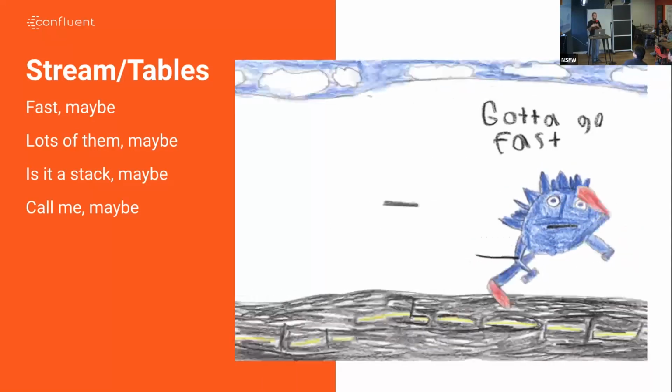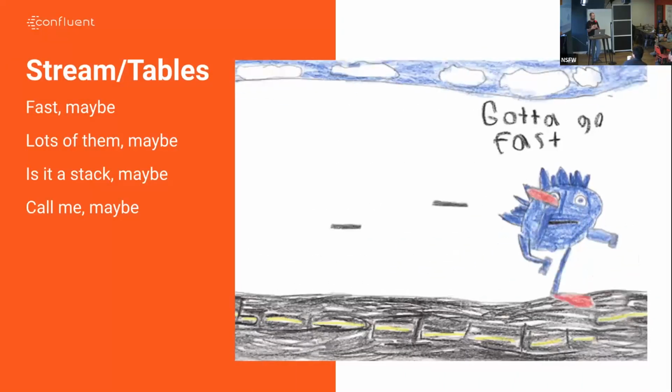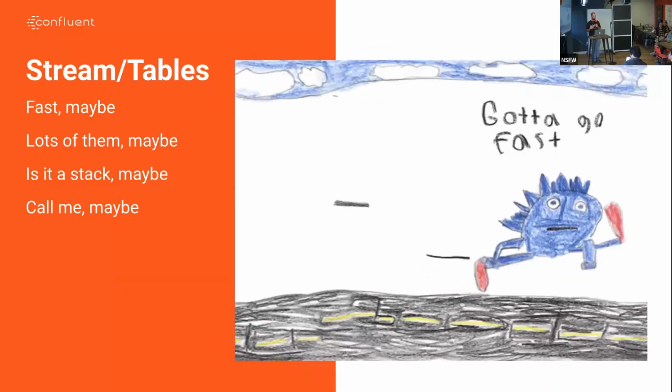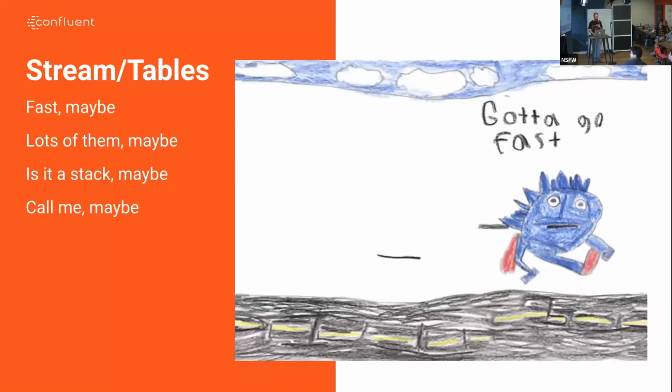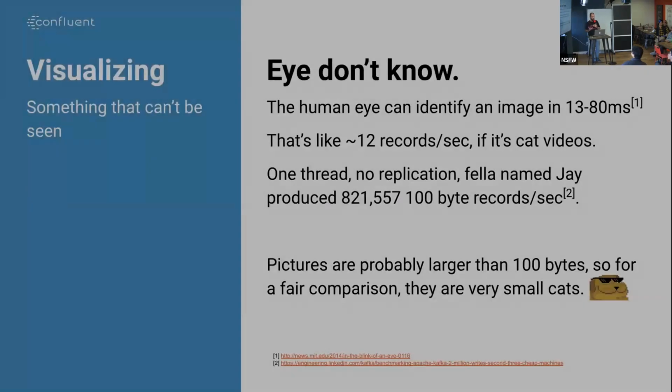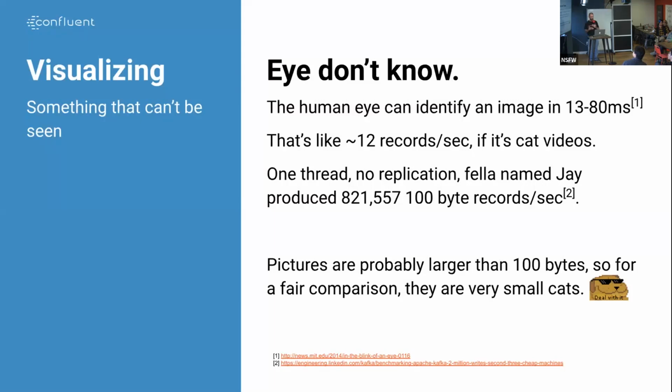So when we look at trying to actually see these things, we run into a lot of problems, the least of which is our eyeballs. MIT did this really interesting study where, prior to this study, they thought that the human brain was not able to register an image faster than 100 milliseconds. So we flash some cat picture and we definitely know that's a cat. But what they found was that people can actually see it a lot faster.